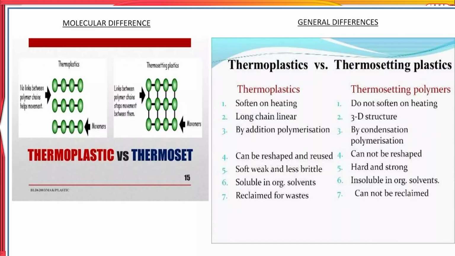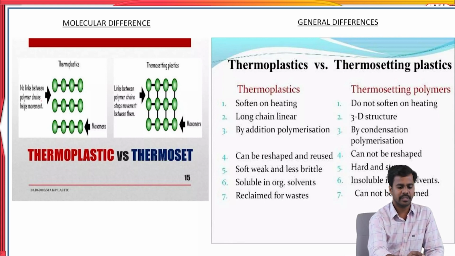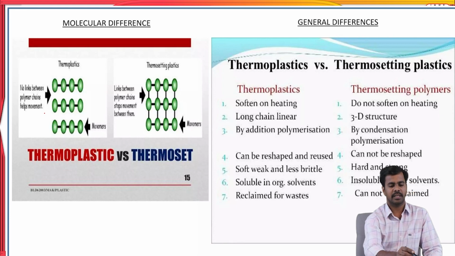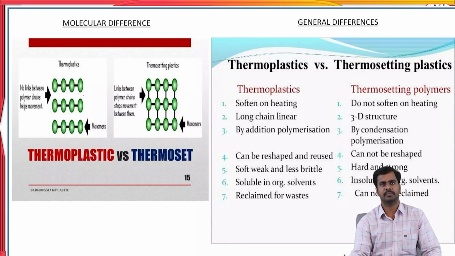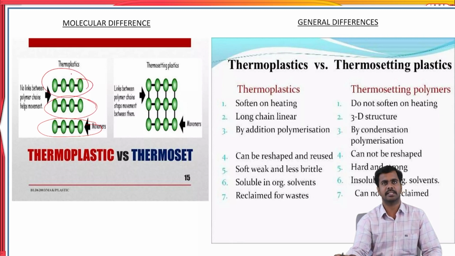Let us see the differences between the thermoplastics and thermosetting plastics. So in thermoplastics, no links between the polymer chains. It helps them move freely. Here these are the monomers. So there is no linkage between the monomers in case of thermoplastics.